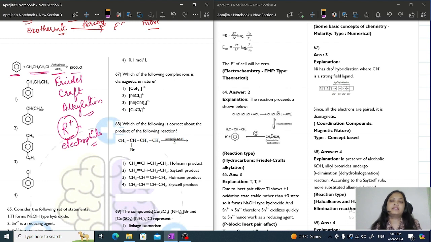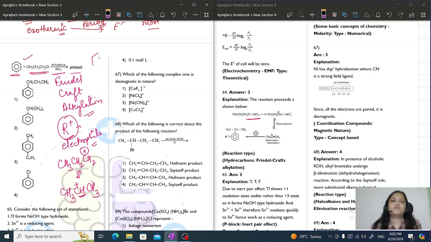In this case, the electrophile is formed with the help of AlCl3. So we will get an electrophile which is CH3CH2CH2+. But since it has 3 carbon atoms, a rearrangement will happen to form a more stable carbocation, which is CH3CH+CH3. This more stable carbocation then gets attached to the benzene.